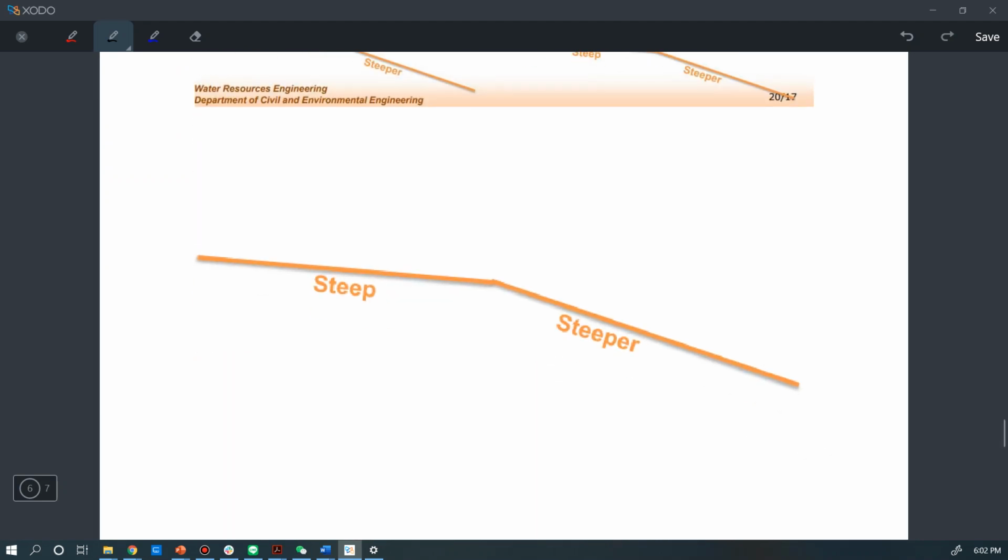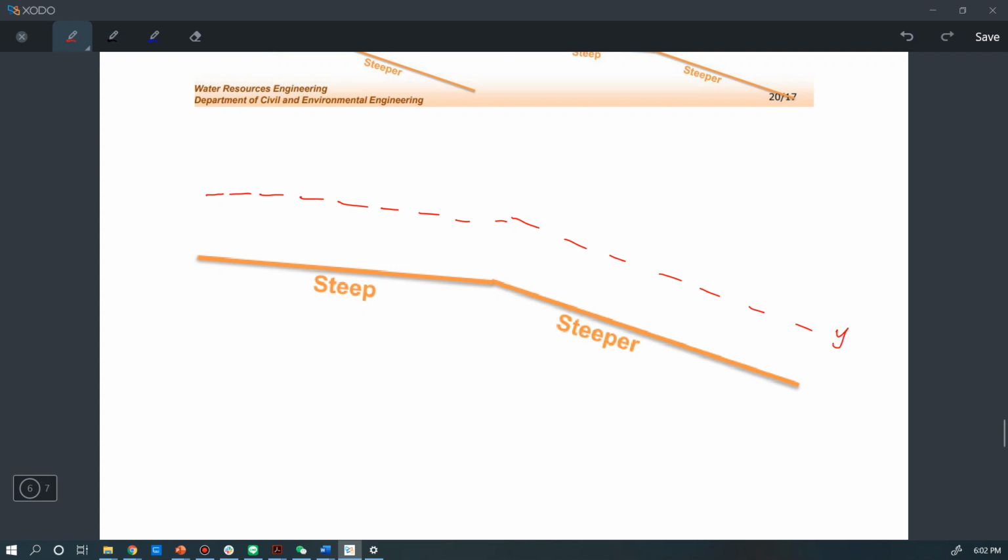This time, we have the transition from the steep floor to a steeper channel. And we follow exactly the same procedure, in which we plot the critical depth out first.